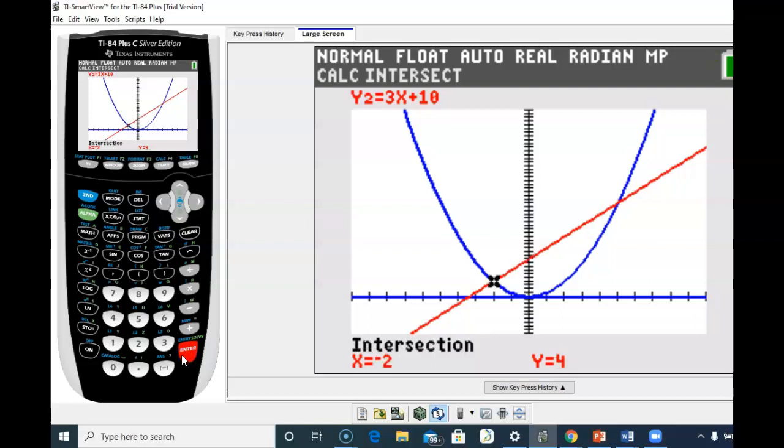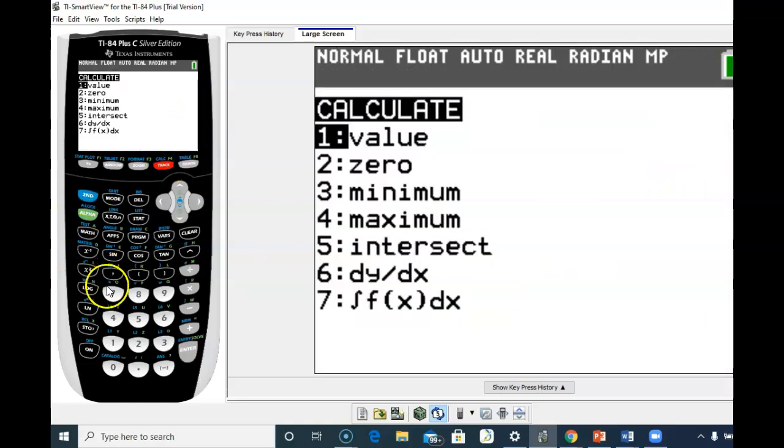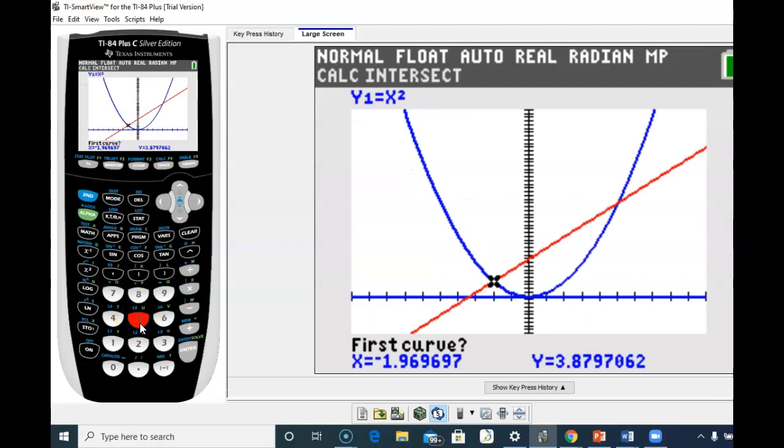I actually accidentally pressed enter again, and it took me to an intersection of -2. So I'm going to repeat that process and find my point of intersection again, and that's going to be this value that we come up with here. So I'm going to just type in maybe 5 for my guess.